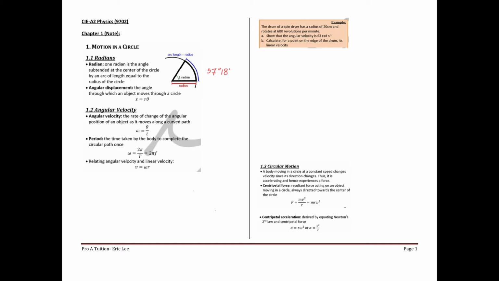So let me label down. The angular displacement is actually the theta. It's the theta, and which means we have this theta as angular displacement. And how about the S here?